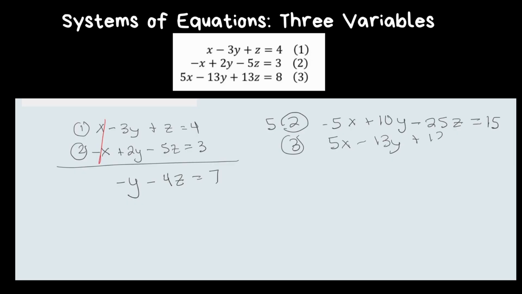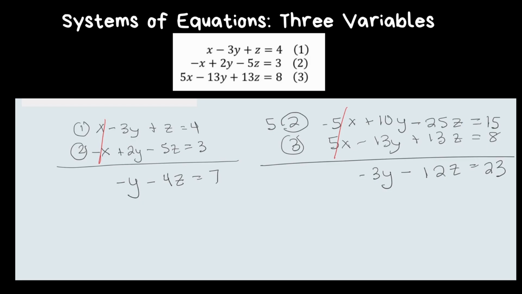So we'll just copy it down. And then we add these. Negative 3y minus z, silly Janine, and 23.